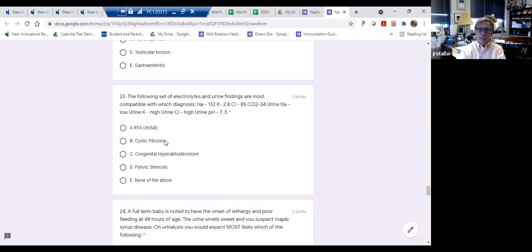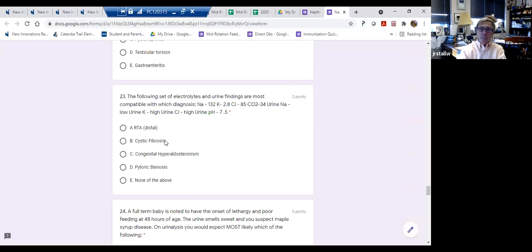Why would you do that, okay? So if you look at C, congenital hyperaldo, where aldo is holding on to sodium and throwing out K, okay, that would fit. But if you're holding on to sodium, why is your serum sodium low? It should be high because you just told me he's got hyperaldo holding on to sodium, and that's not the case. Hence, that doesn't fit.